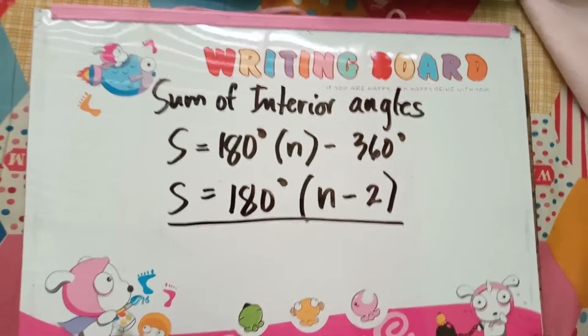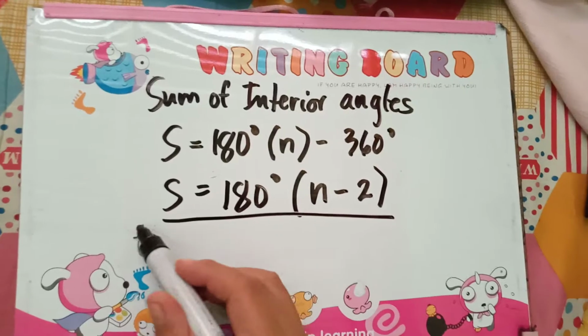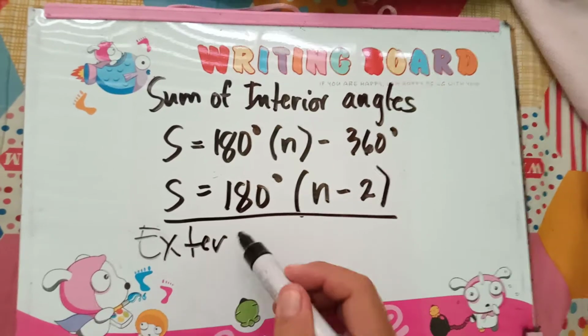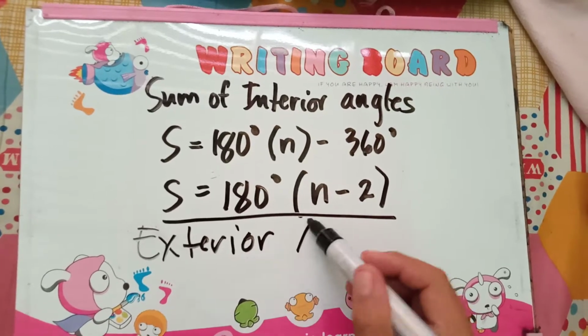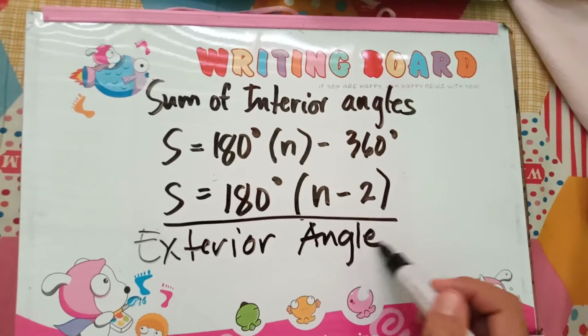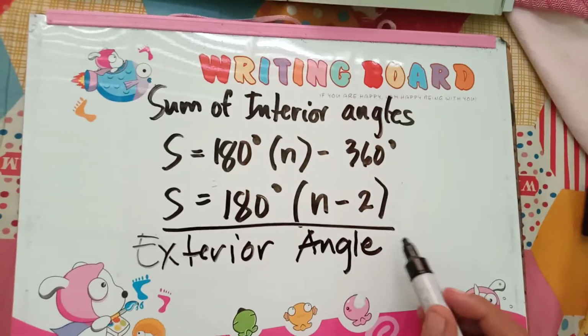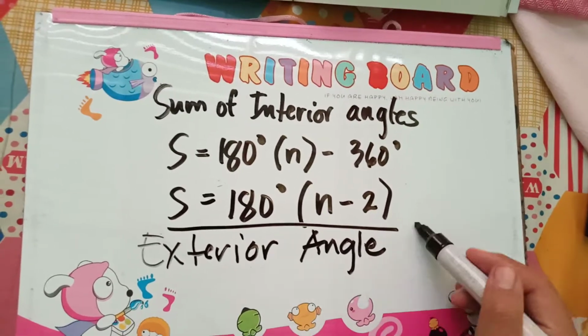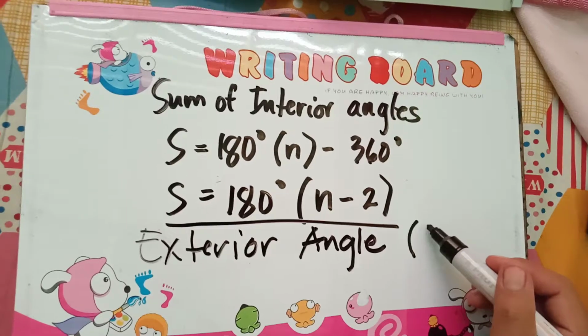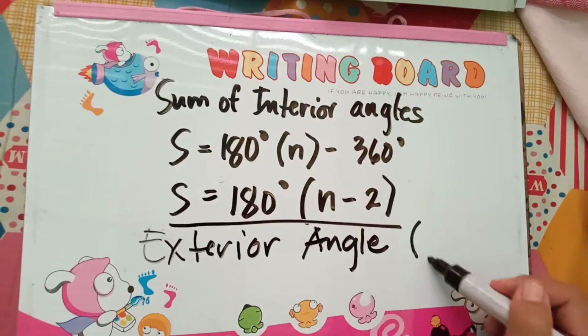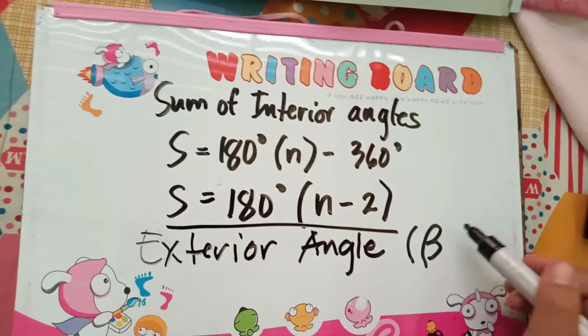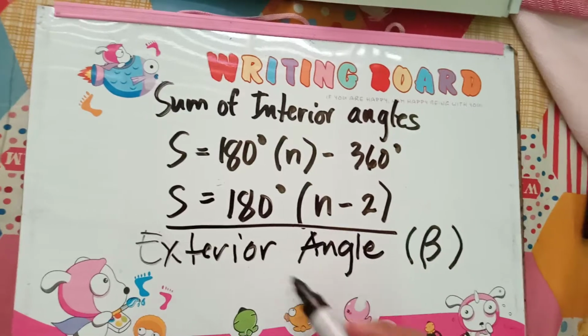And for the exterior angle, it is denoted as beta.